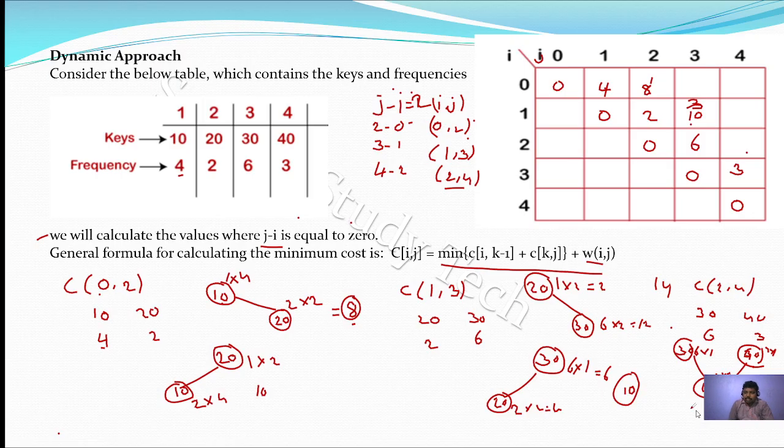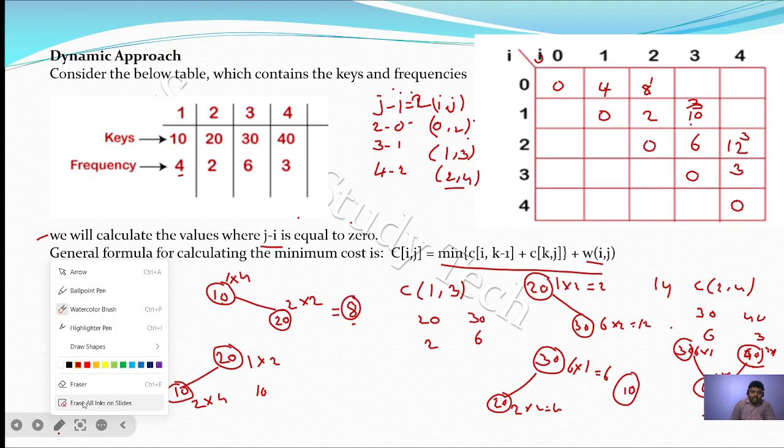So 12 is the minimum, so you can write 12 here, and the root is 30, that is the third key, which is the minimum.